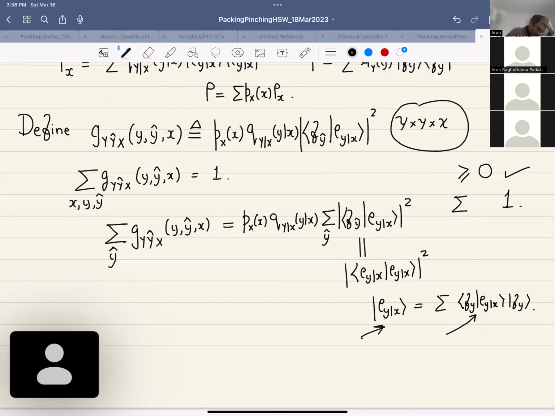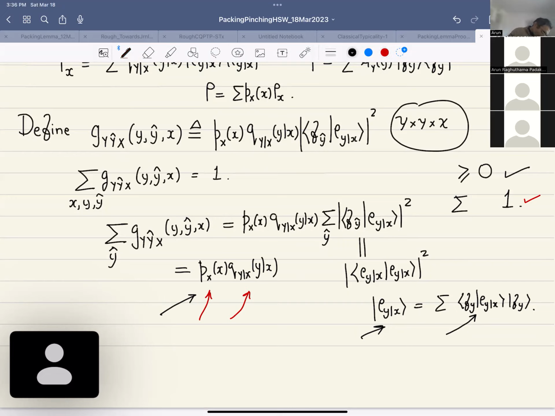That is the norm of this. So this term is essentially Px of x, Qy given x of y given x. Now clearly when I sum over x and y of this term, I'm going to get 1. This is also satisfied because Px is a distribution, and Qy given x, when I sum over y, I'm going to get 1, and then I'm going to get 1 again. So this is indeed a distribution.